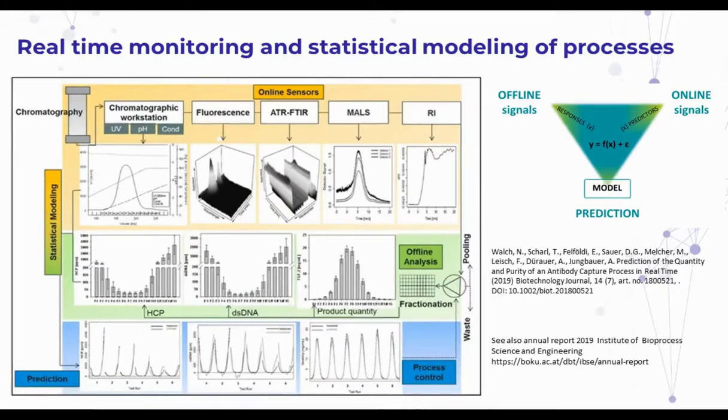That means the offline signals are used to predict the online signals, and then you get an idea of your process stream in real time. What we have shown in this publication is that we are able to predict host cell protein, host cell DNA, and some product quality attributes in real time.